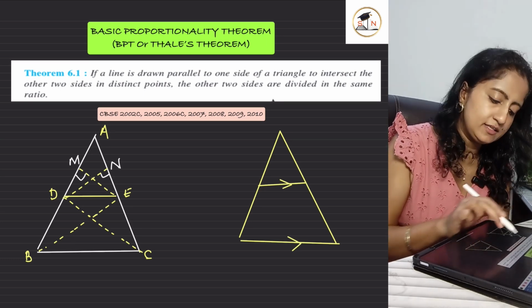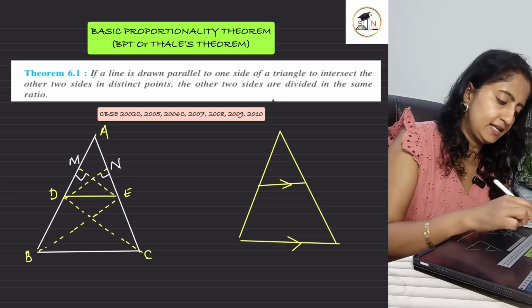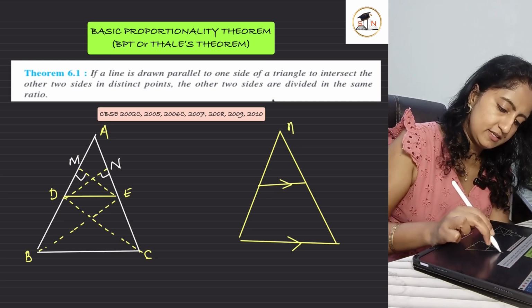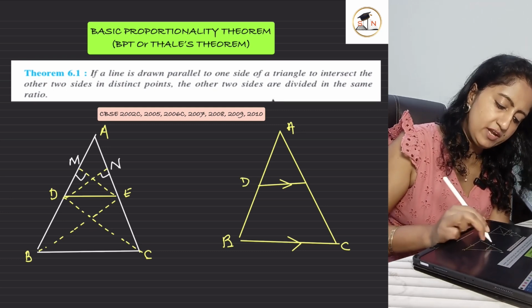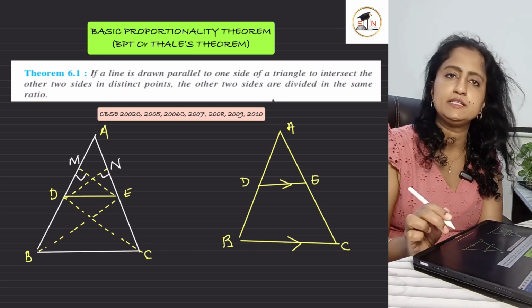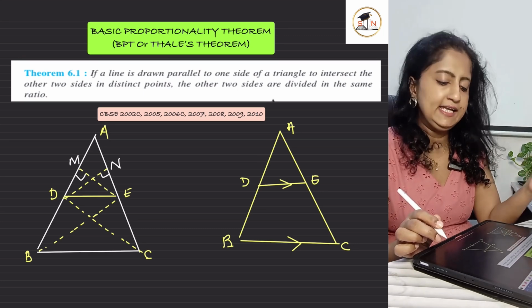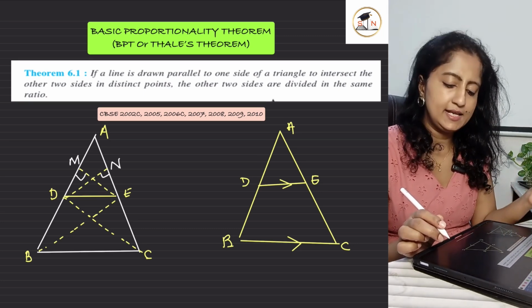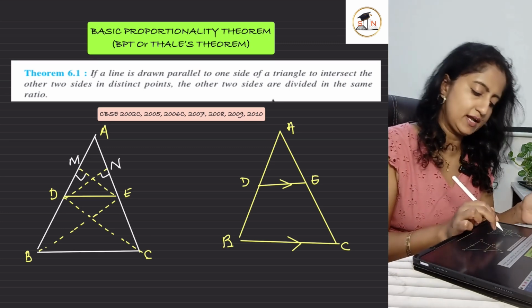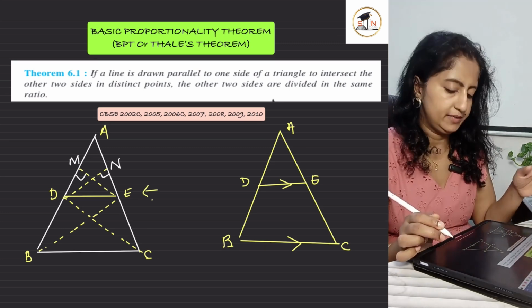To intersect the other two sides, yes, it is intersecting. So let's name the points. ABC is our triangle, and we have drawn DE parallel to BC. So now the line DE is intersecting AB in D and AC in E. This is what I have done over here also, right?